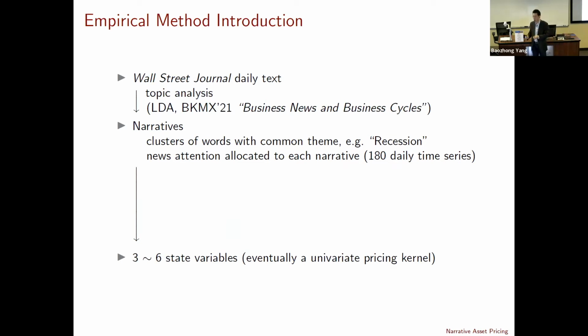If a group of words always appear together at an article level, they are grouped together in an unsupervised fashion. So, for example, one topic quite useful later on is labeled as recession. It contains words like slow down, dive, decrease, those kind of words. They always appear together. Right, so those are the topics. We have 180 of them. Those are the 180 narratives.